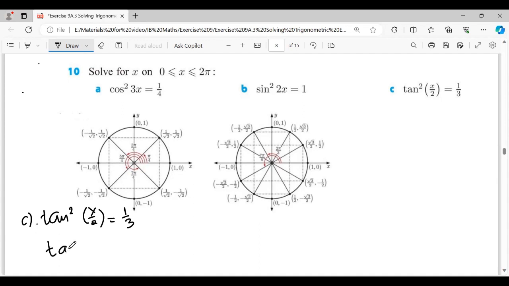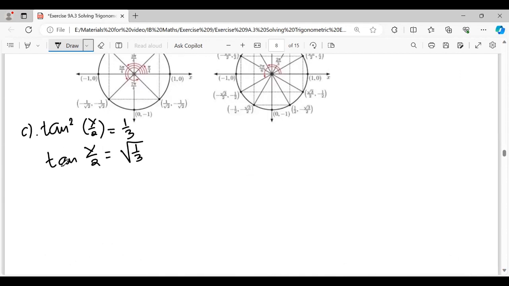So tangent x half equals the square root of 1/3, or tangent x half equals 1 over square root 3. Yeah, I forgot that this is positive and negative.